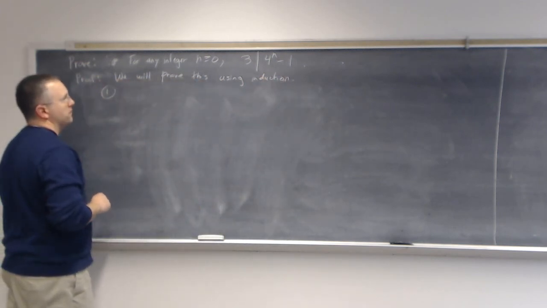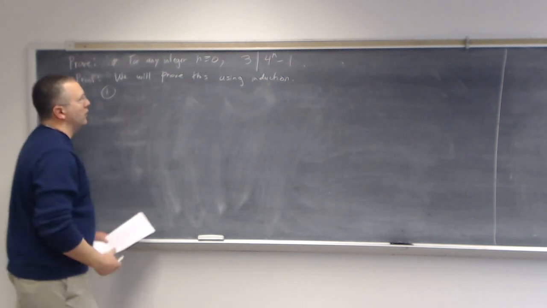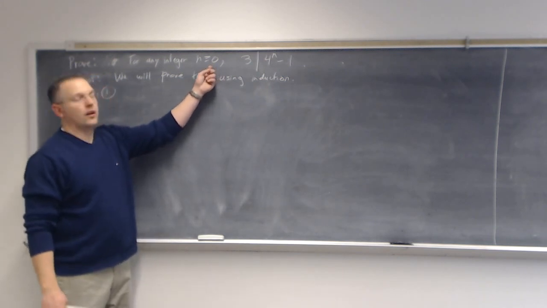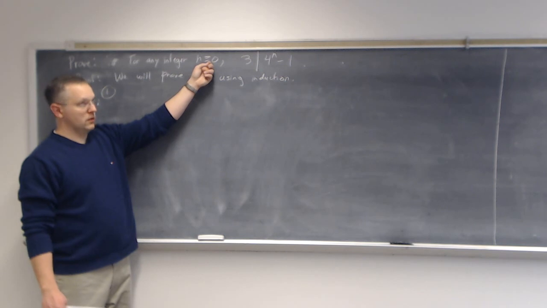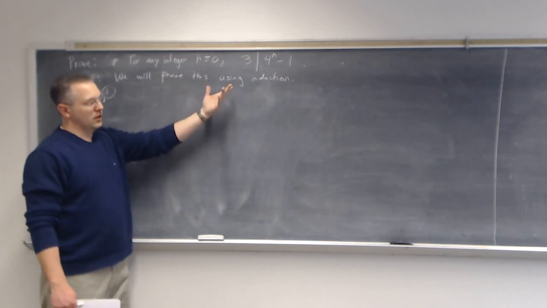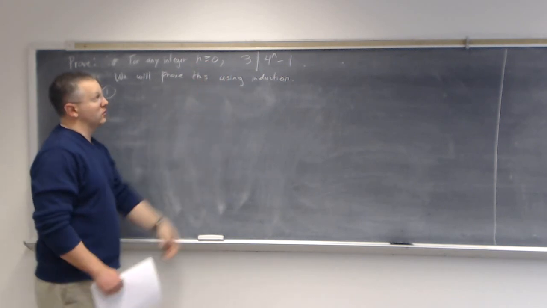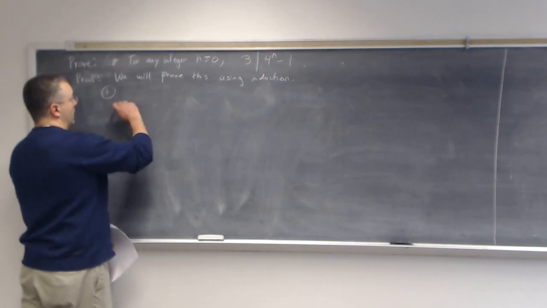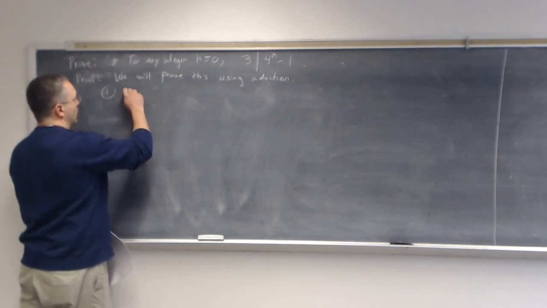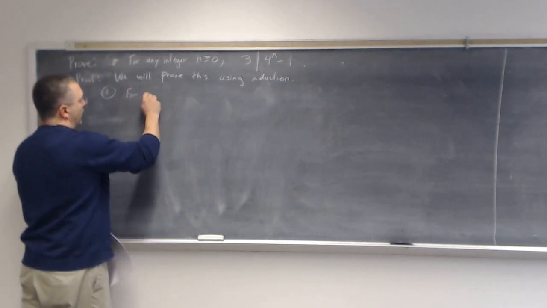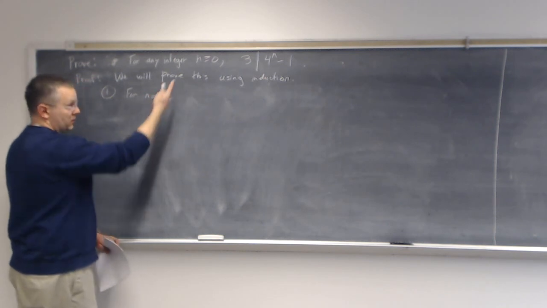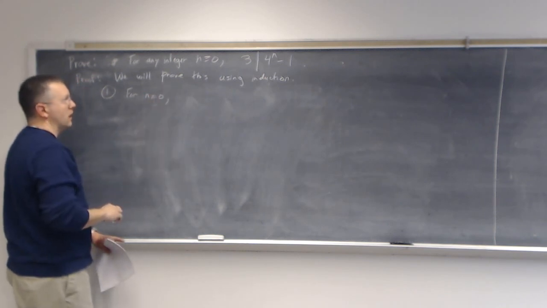Basis step. Now, this is actually a little bit of an extension on the natural numbers. It's the non-negative integers. So it's kind of trivially true for n equals 0, the smallest n in this statement.